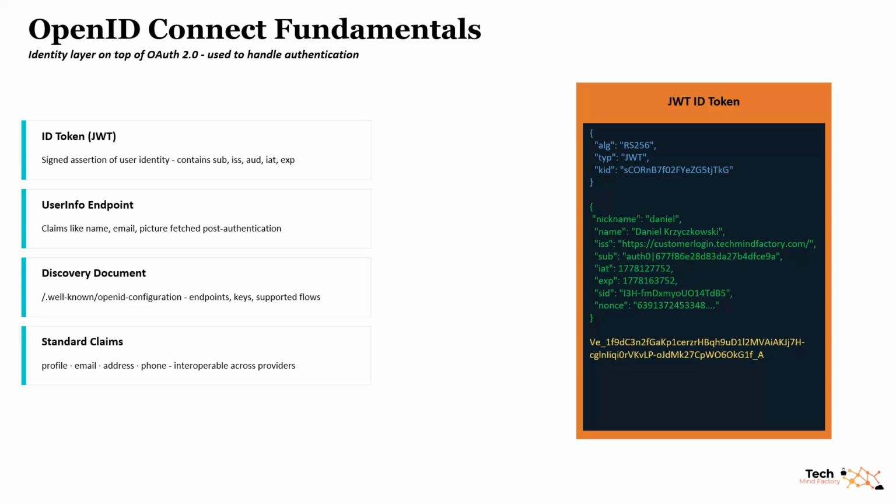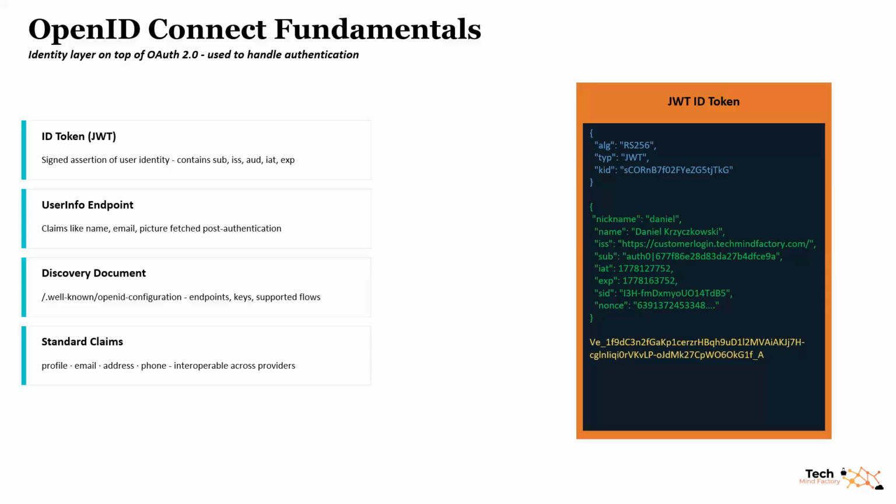There is also discovery document. So basically this document is available under well-known /openid-configuration endpoint. And it's like a description of capabilities of the authorization server. It presents endpoints like a token endpoint, authorization endpoint, keys endpoint, supported flows by authorization server, right?